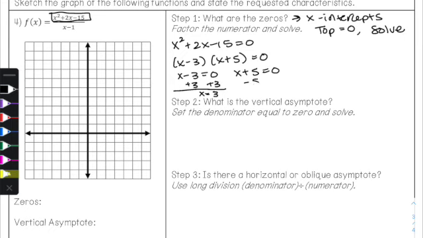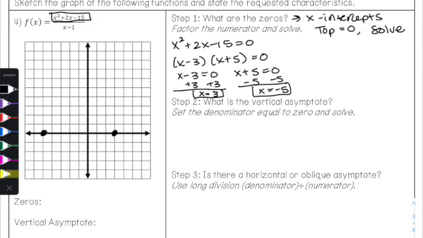For this one, I'll subtract 5 on both sides and get x equals -5. So I have two x-intercepts, one at +3 and one at -5. So far, we have our x-intercepts drawn.